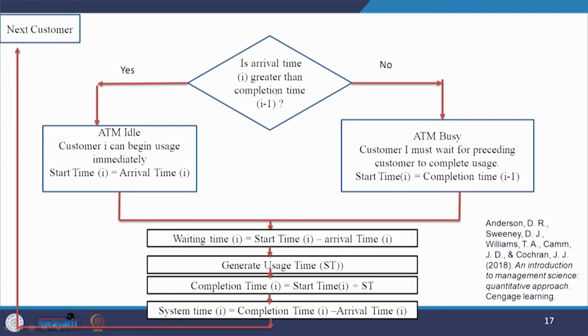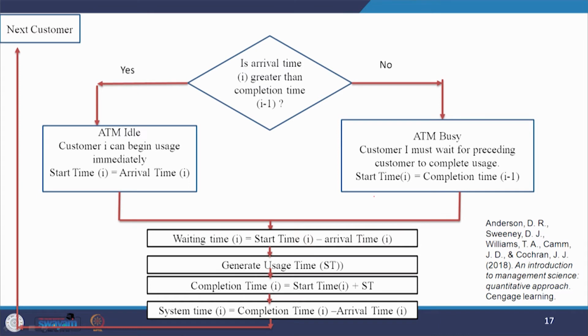If yes, the ATM is idle, so customer I can begin usage immediately. When will this happen? If the arrival time is greater than the completion time, because one customer has already left, the ATM is free. If no, the ATM is busy. That means customer I must wait for preceding customers to complete their usage.